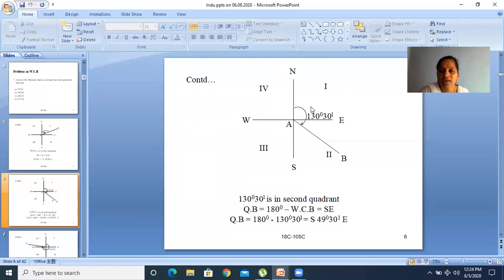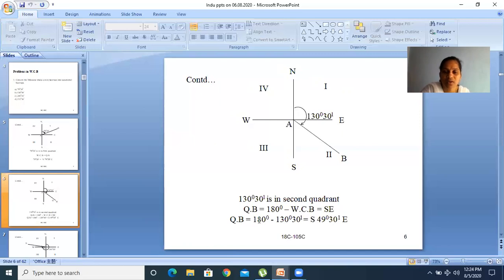The line lies in the second quadrant, and the quadrants are south, east. So QB is equal to 180 minus WCB, and the quadrants are SE, that is southeast.